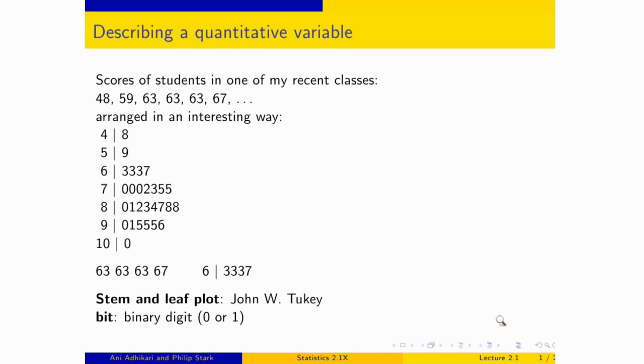He came up with the word bit, and how did he come up with it? Well, he took the words binary digit, and he did not want to write this stuff in the middle. He just took the B and the IT at the end, and there, bit, you have the essence of the meaning, and you haven't written a lot of extra stuff that you don't want to write, which is almost exactly what you're doing with the stem and leaf plot.